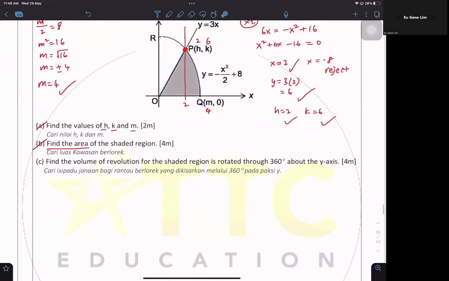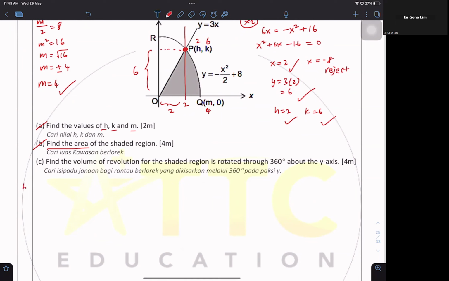The area of the triangle is very simple. The base is 2, from 0 to 2. What is the height of the triangle? It is 6. Very good.